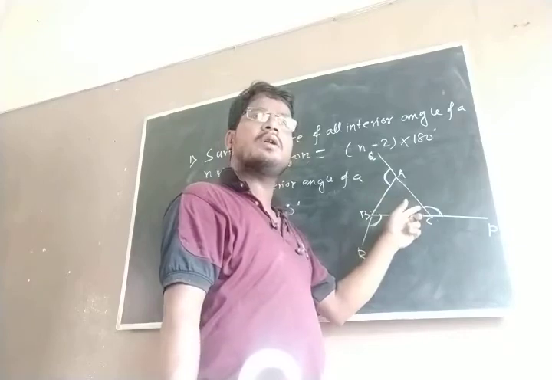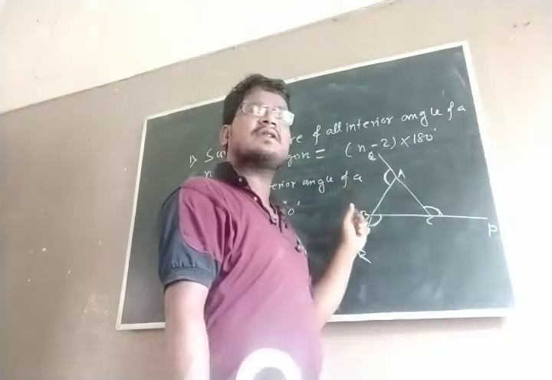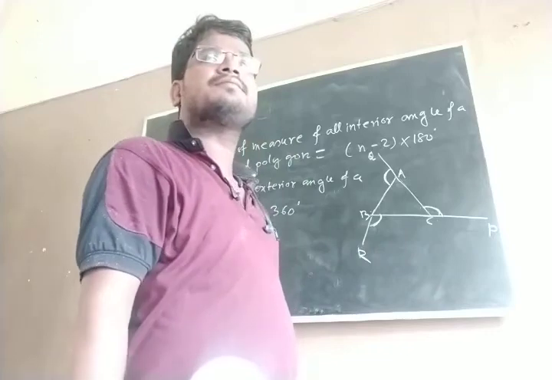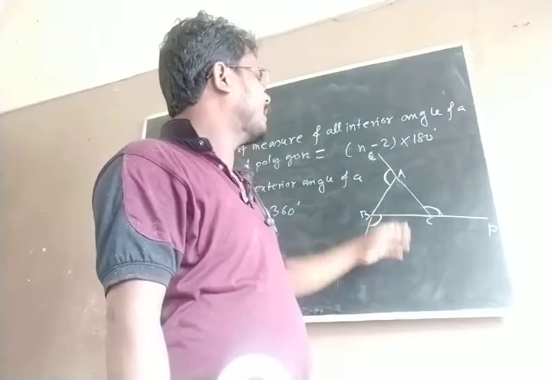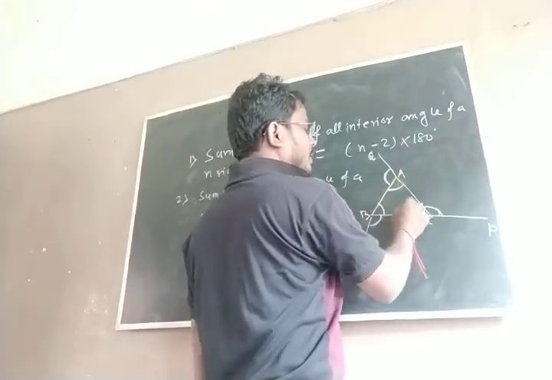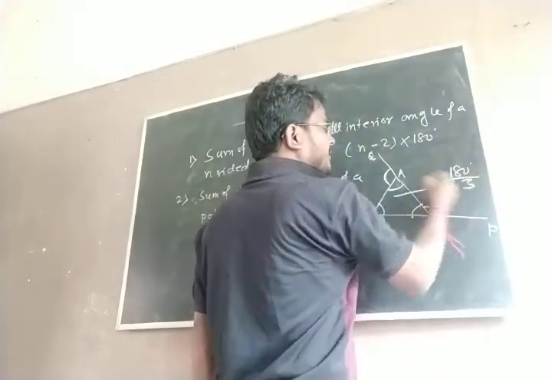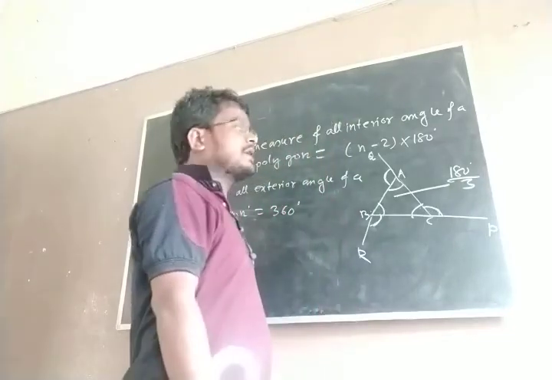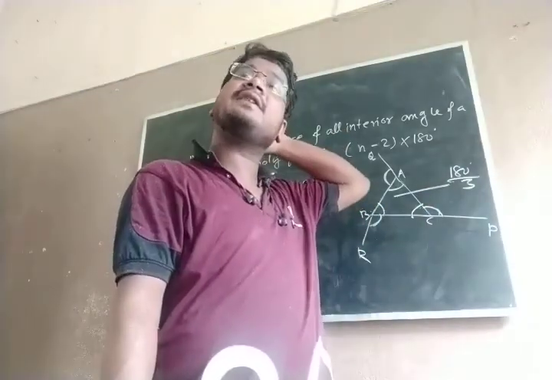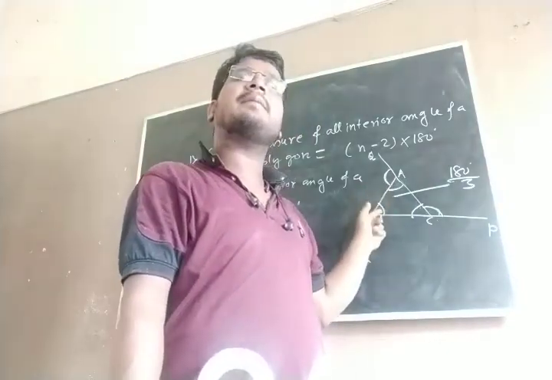All angles are equal, and the sum of these three angles equals 180. Three angles are equal. Then what will be the measure of each angle? 60 degrees. The sum of three angles equals 180, and all angles are equal, so 180 by 3, that is, the total angle, the sum of these angles, divided by 3. 3 is the number of sides or angles. Number of sides 3, number of angles also 3.